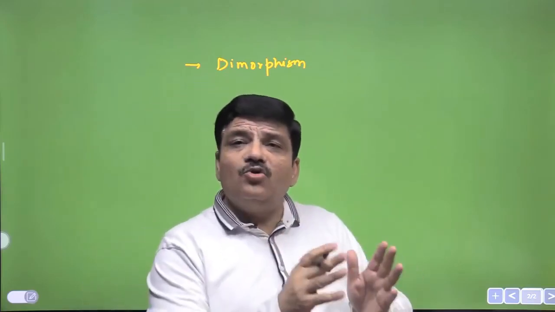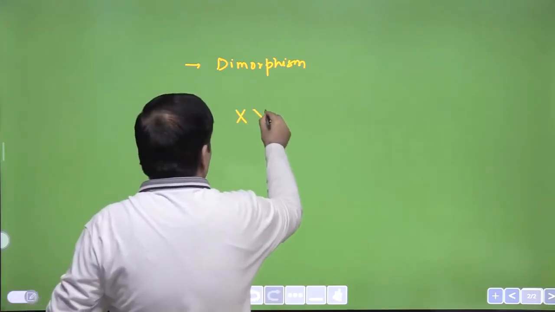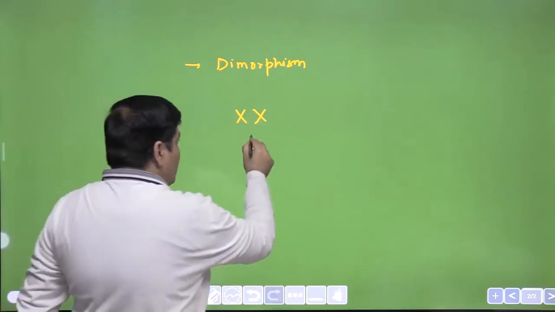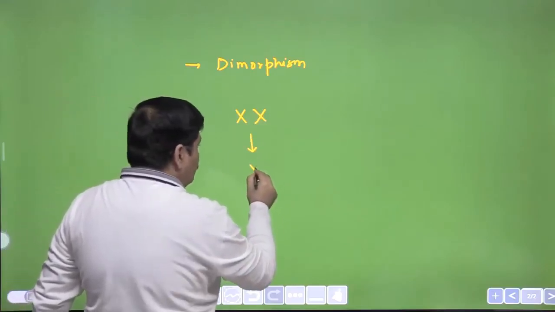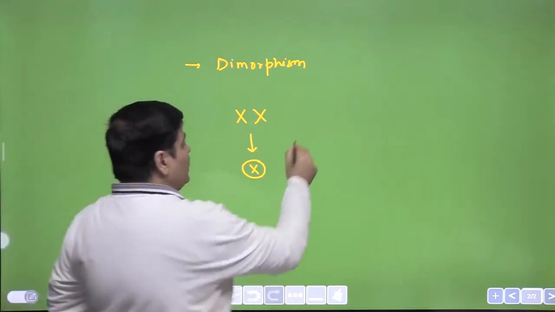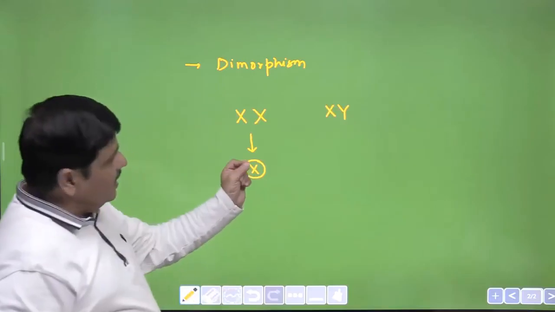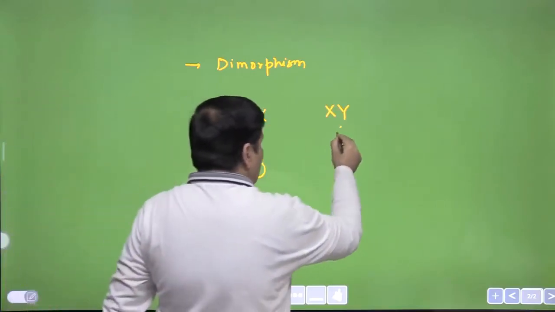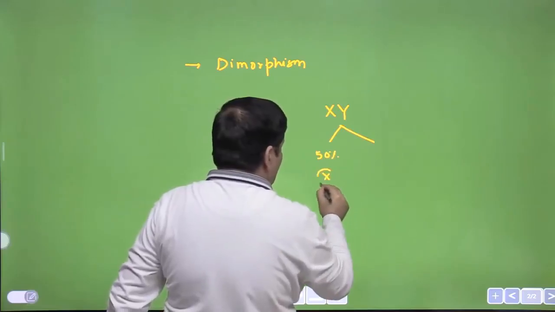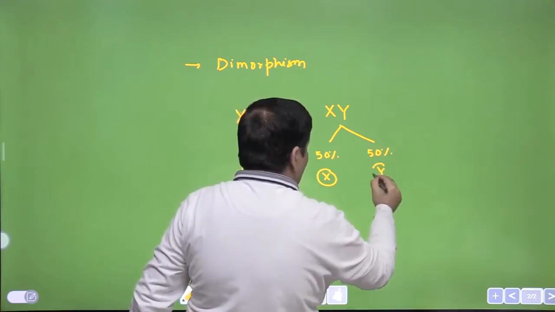The female is homogametic, because she has two X chromosomes with respect to the sex chromosomes, so all the gametes she is ever going to produce will contain only X chromosomes, while the male is heterogametic because the genotype of the sex chromosomes is XY, and 50% of the sperms will be carrying the X chromosome and 50% will be carrying the Y chromosome.